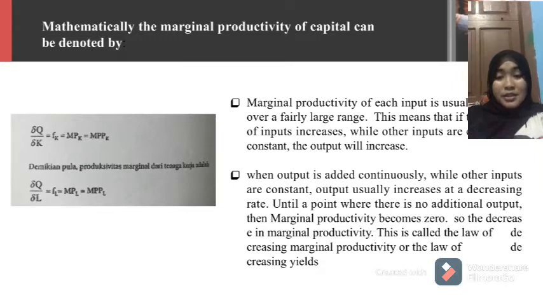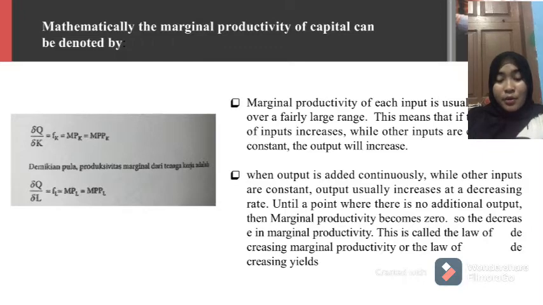When input is added continuously while other inputs are constant, output usually increases at a decreasing rate until a point where there is no additional output. Then marginal productivity becomes zero. So, this decrease in marginal productivity is called the law of decreasing marginal productivity or the law of diminishing returns.